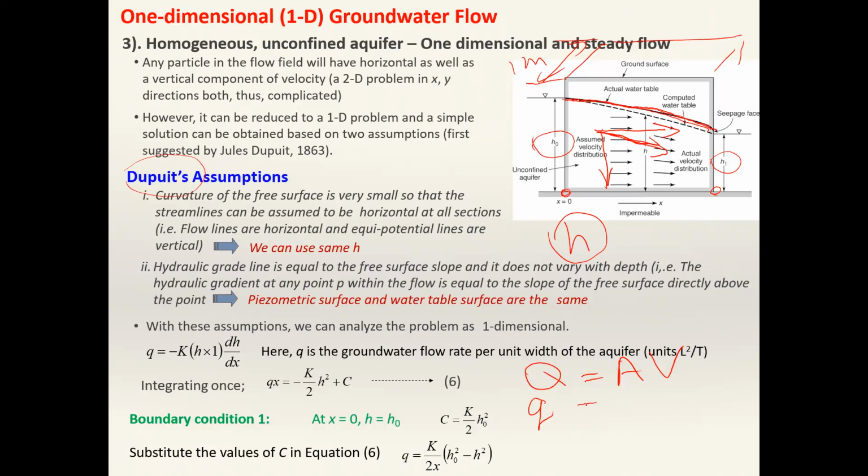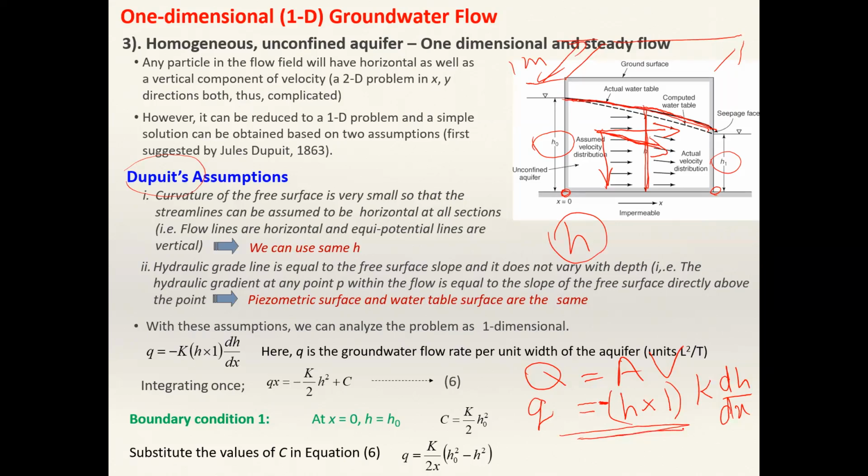So q is equal to area, which is now H multiplied by 1 meter, multiplied by the velocity. That is K dH over dx. And you know that we bring a minus sign here for the Darcy equation. Right? So this is the equation for the unconfined aquifer.